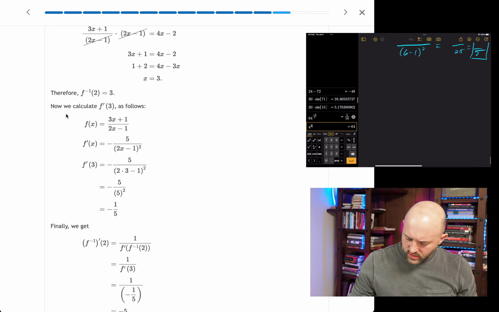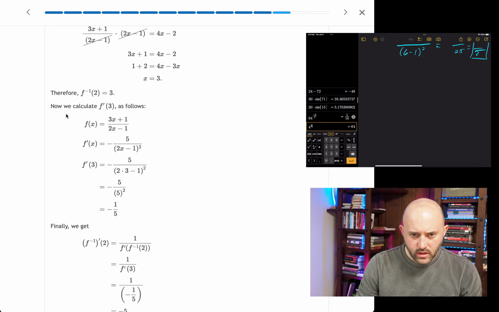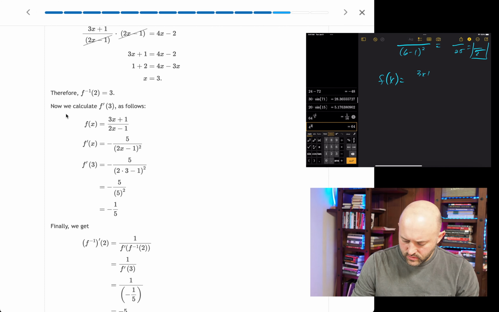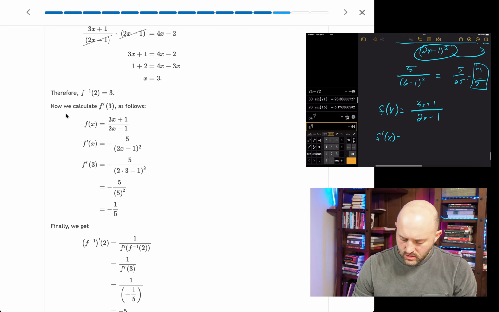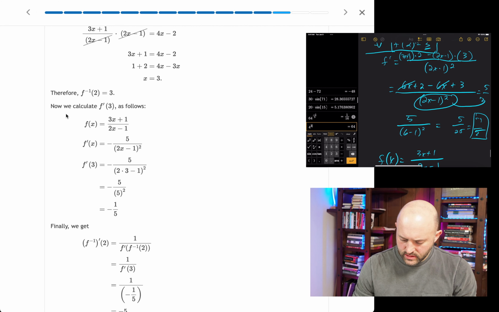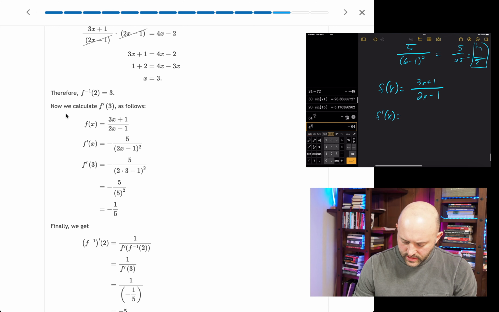All right, so before I move on, I want to actually just recalculate that. f of x equals (3x plus 1) over (2x minus 1). f prime of x equals, so I remember it with like low to high minus high to low. Oh, is that it?